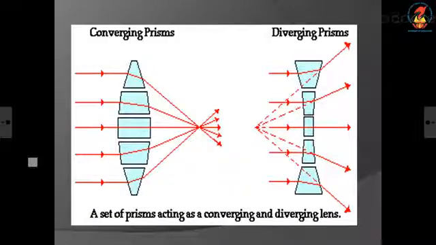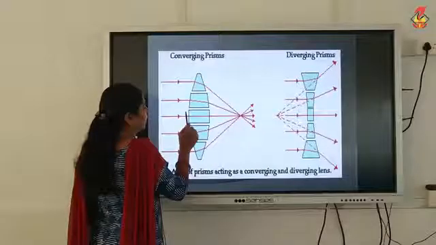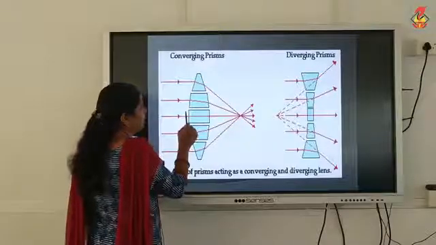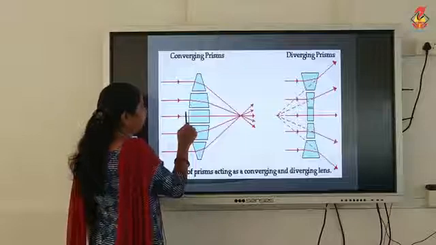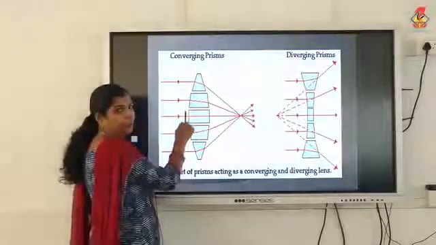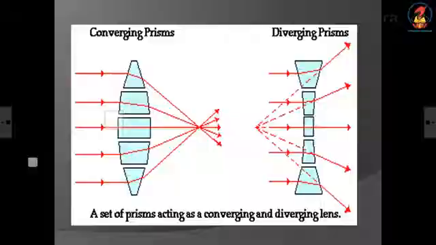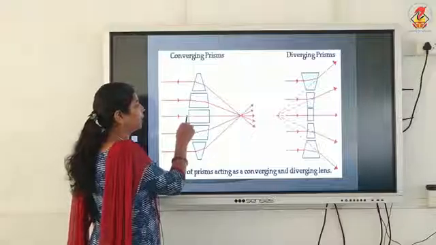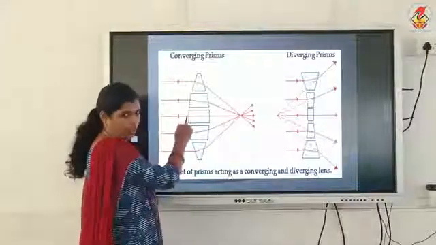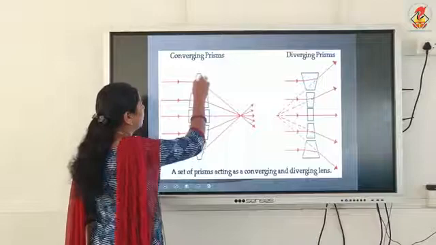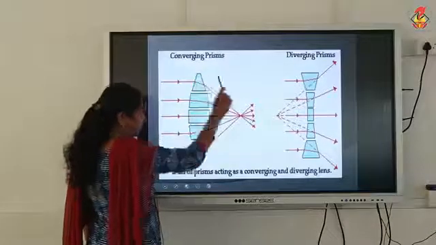Here in this case, the light enters the glass slab perpendicular, or normal. If a ray of light enters a glass slab normally, it will not suffer any deviation. So, at this point, this light ray will not suffer any deviation. Here, it's a triangular prism.